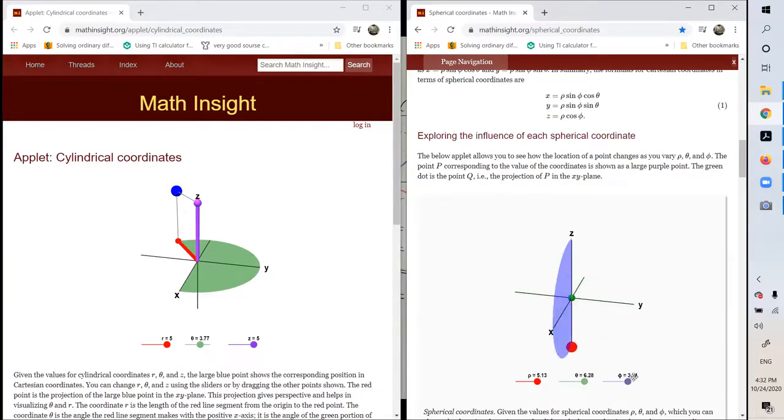Here we go. If you change your phi, as I mentioned before, by convention your phi ranges between 0 and pi. Spherical coordinates.